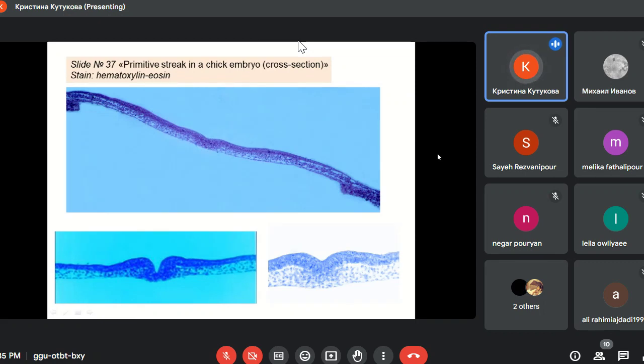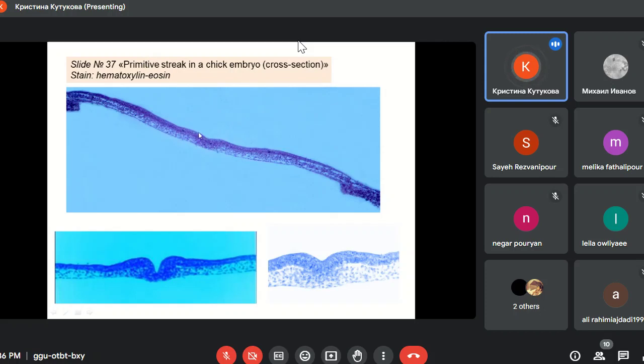Here we can see pictures of our histological preparations. This is the primitive streak in a chick embryo in cross-section. This is a cross-section of the embryonic disc, and in its central area you can see the invagination, which is called the primitive streak.